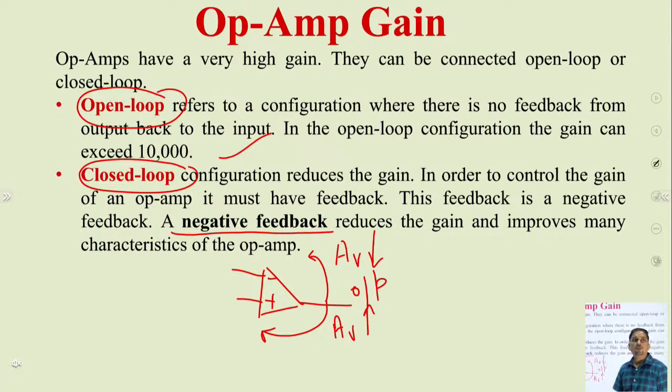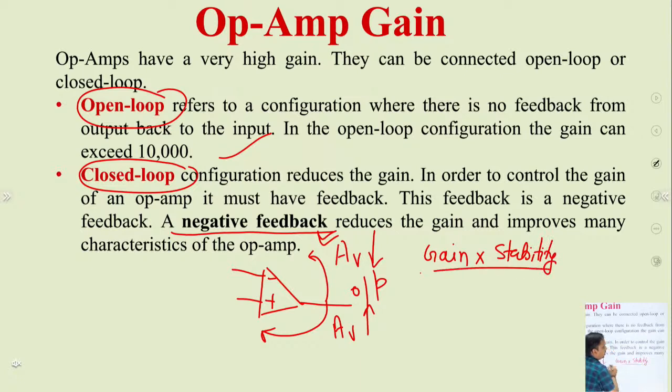Although we are aware that in an open loop configuration the gain is very high, we are not able to utilize this huge amount of gain. So the solution here is to reduce the gain, and to reduce the gain we will utilize negative feedback. There is one more relationship, gain versus stability.